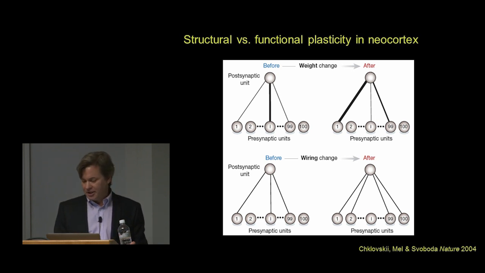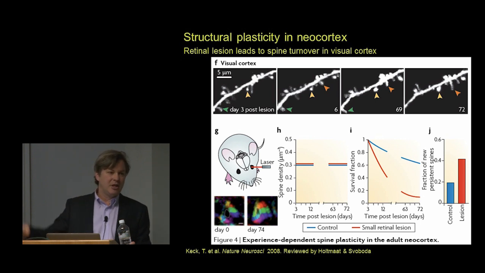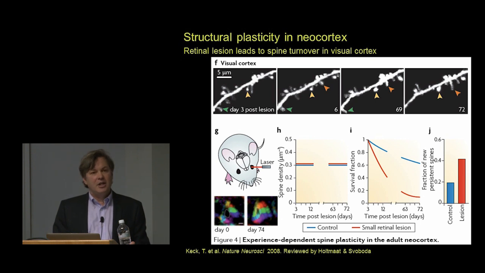But that really changed, I think, starting in the late 90s in the work of Charles Gilbert and Torsten Wiesel, and also Michael Merzenich. The field of anatomical changes with learning or with plastic changes became quite robust, with a lot more really clear experiments, again with the advent of two-photon microscopy, when people became able to look into the brain of a living animal.